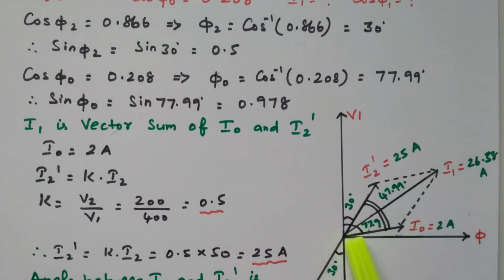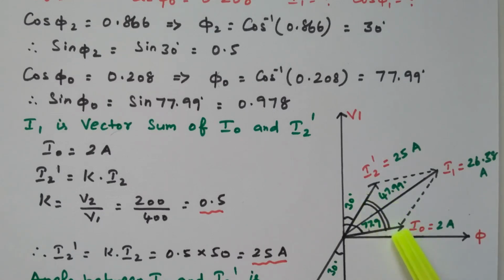So I naught is 2 ampere drawn at an angle of 77.99 degree, and I2 dash is 25 ampere, drawn at an angle of 30 degree. So this I1 is nothing but vector sum of I0 and I2 dash.